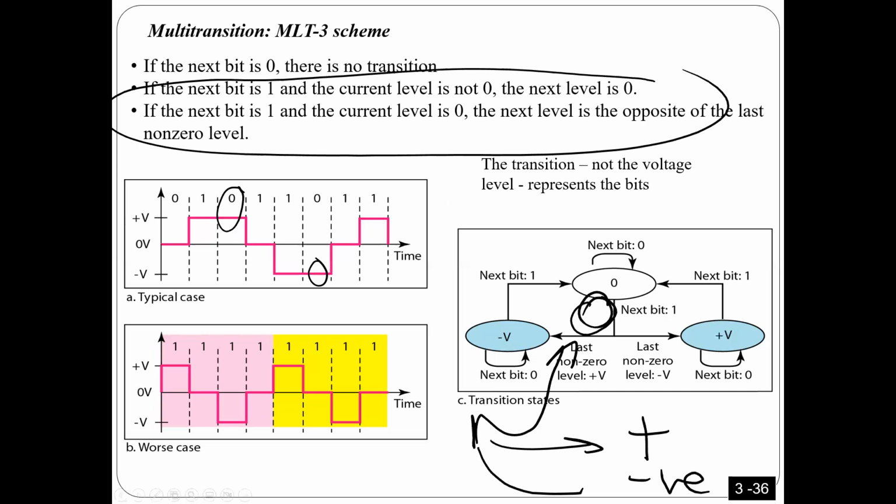Look at the rule here. If the current level is not zero, positive or negative, I'm going to go to zero. So the transition is going to be to zero. But if the current level is zero, the transition is going to be opposite to the last non-zero level.